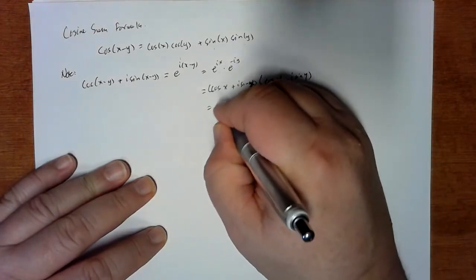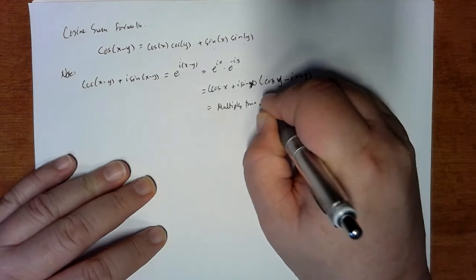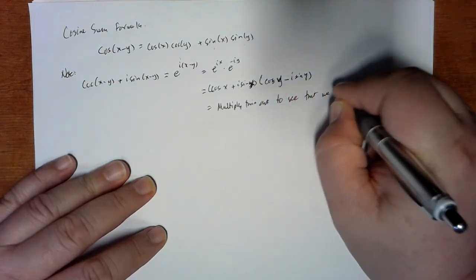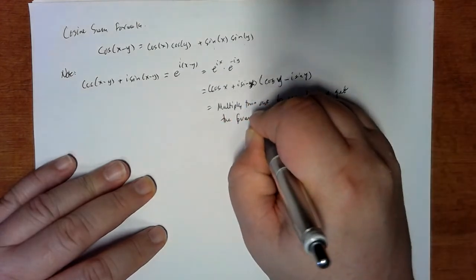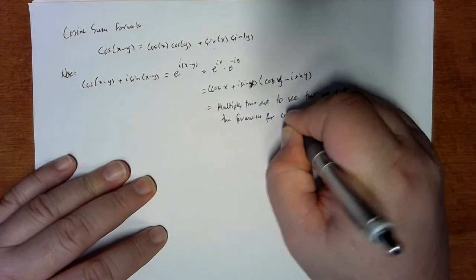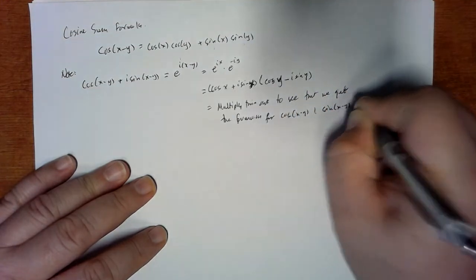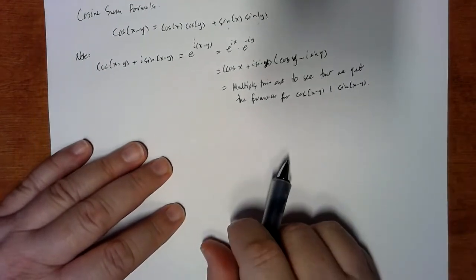So multiply this out to see that we get the formulas for cosine of x minus y and sine of x minus y. I don't want to do that here because it's just some algebra and it loses its entertainment value.